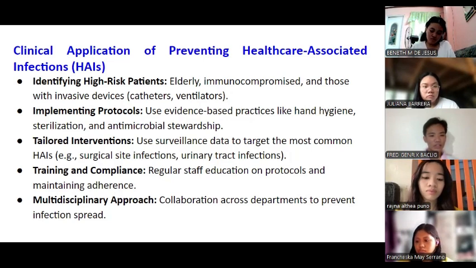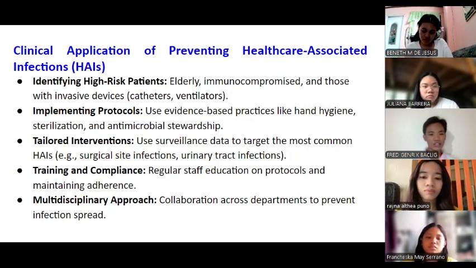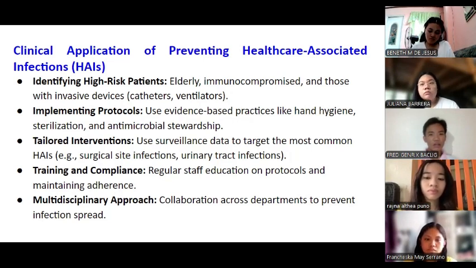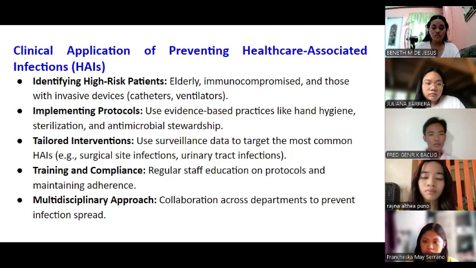Tailored intervention: the use of surveillance data to target the most common HAIs, such as surgical site infections and urinary tract infections. We all know that not all healthcare facilities face exactly the same healthcare-associated infection challenges. So we need interventions that are customized based on local data and infection trends.